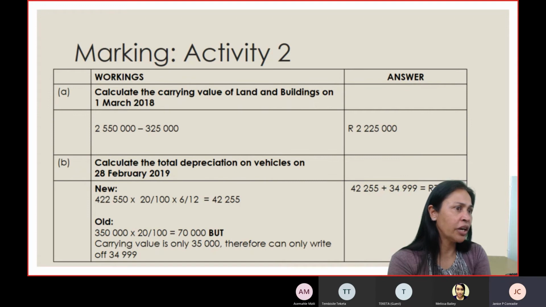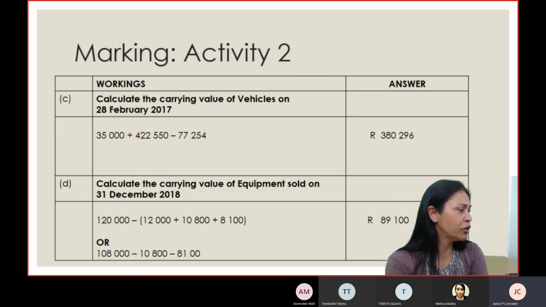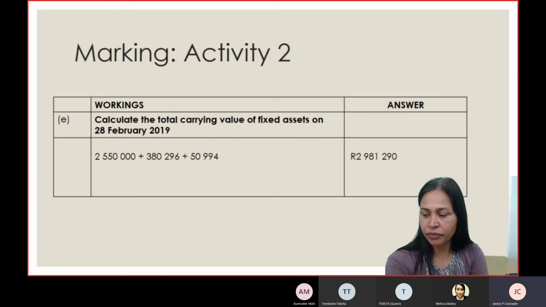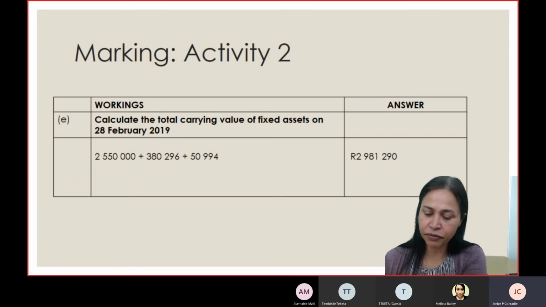That's A and B. We have C and D's answers as well. So it's neatly typed so that you can follow. And then we had E as well. If there's any questions, again, please feel free.